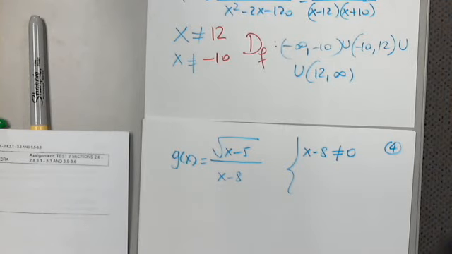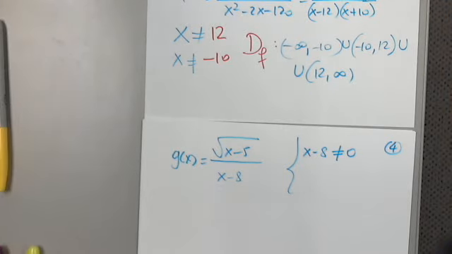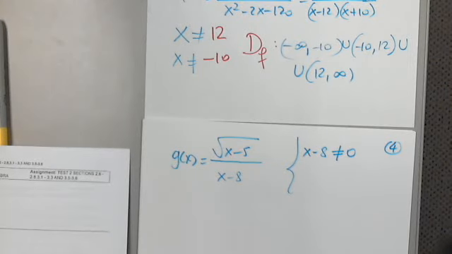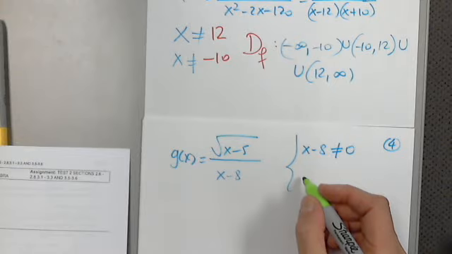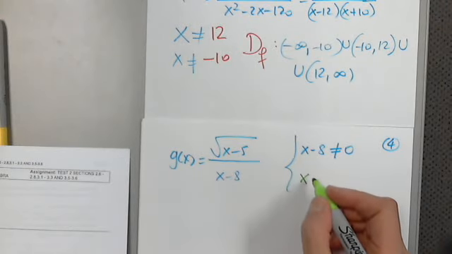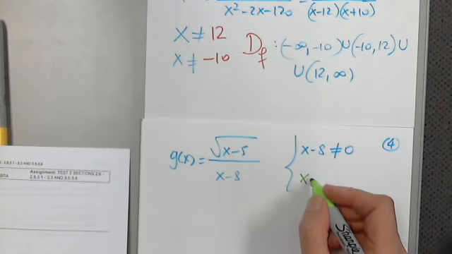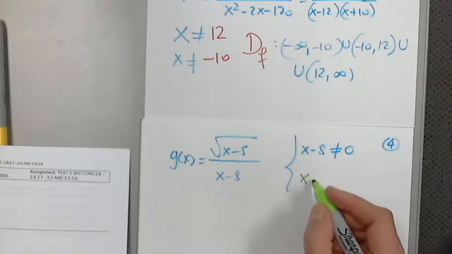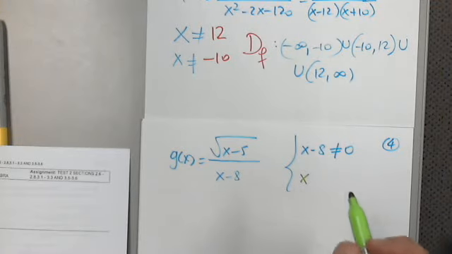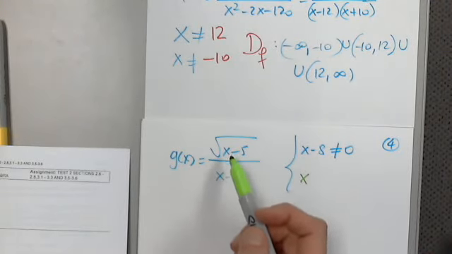So what do I have to write? Yes, I have to write a condition. So x can equal 30? I have to state a restriction for this.